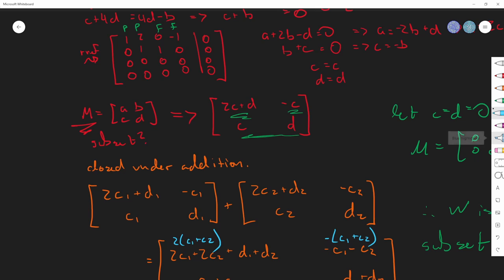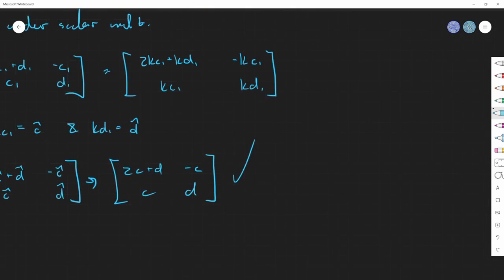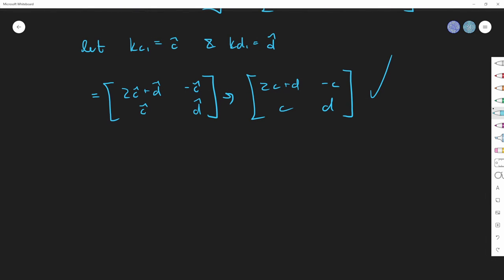Our bases are going to be the matrices 2, 1, negative 1, 0, and then lastly 1, 0, 0, 1.